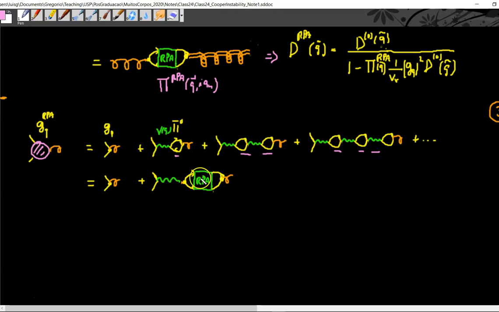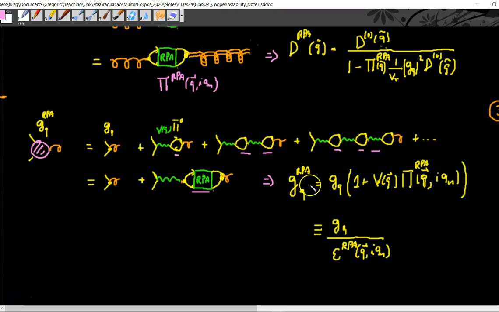All of these will go into this bubble diagram, just like we had there. So that's essentially the renormalization of the vertex here, G_RPA, and this is G_1, that is, G_1 interaction times the RPA bubble there. And then what I get is this: G_RPA is G_Q plus G_Q times V times pi.